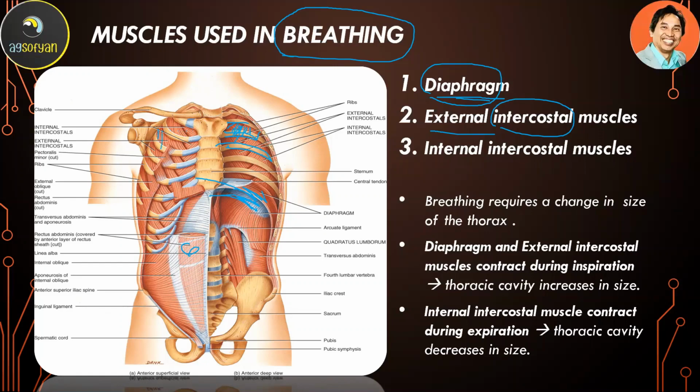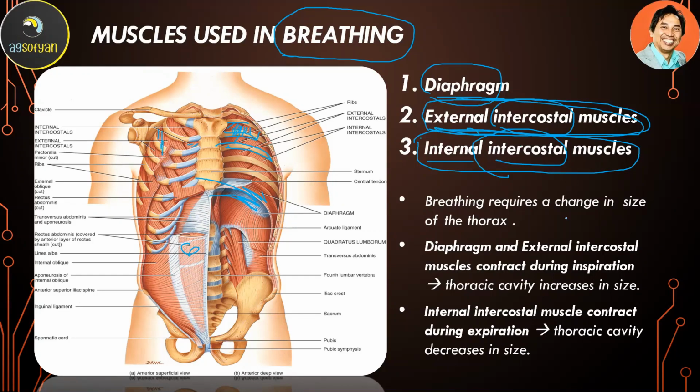The outside layer is called the external, and the inside layer is called the internal. So there are two layers of intercostal muscle, the external intercostal muscle and the internal intercostal muscle. So these are the three muscles that help us breathe.